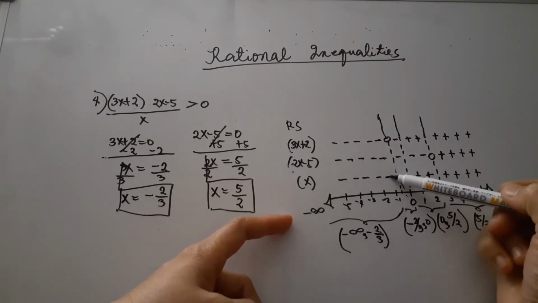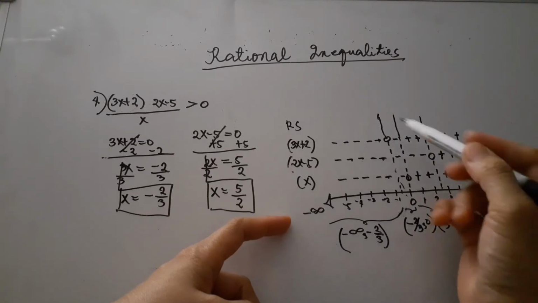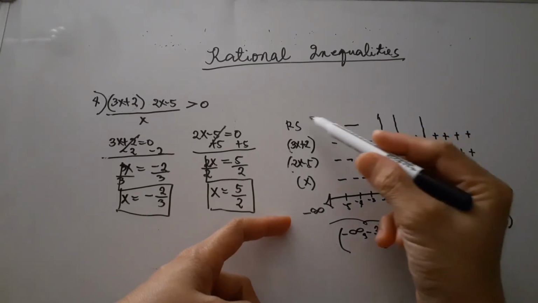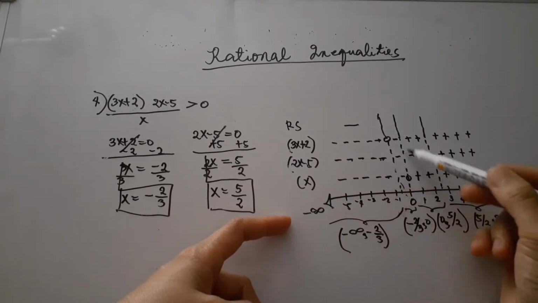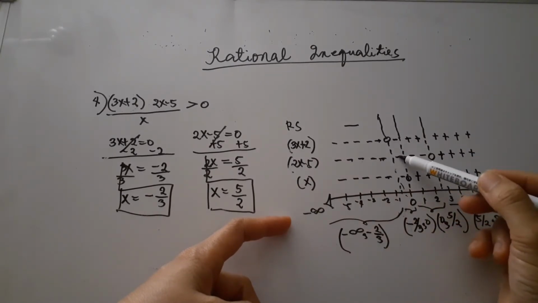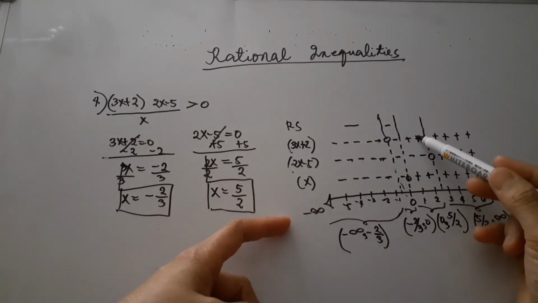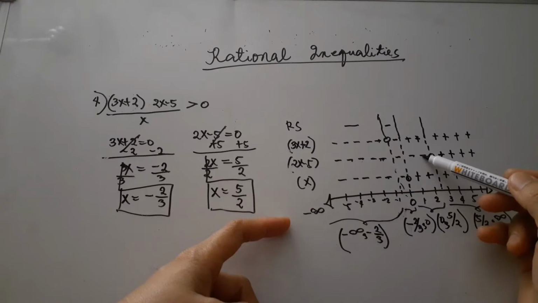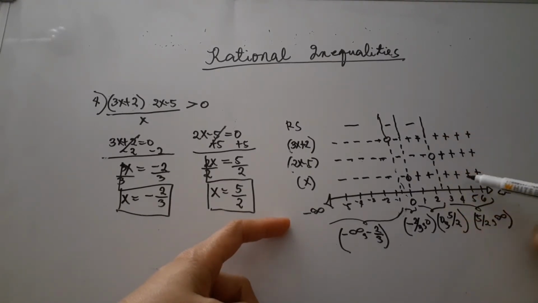So we have negative times negative is positive, divided by negative is negative. So all here is negative in this area. And then we have negative, also the result is negative. So positive times negative is negative, divided by positive, it is negative. And positive times positive is positive, divided by positive, it is positive.